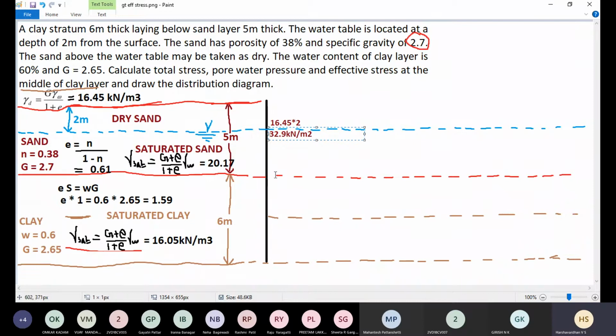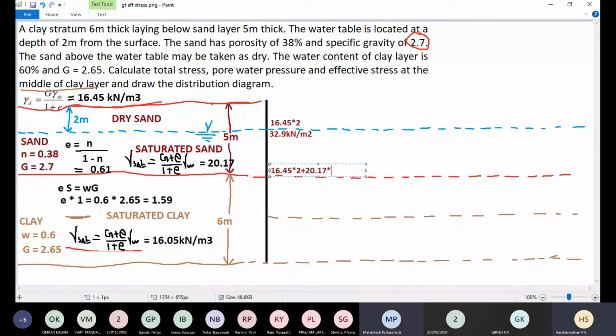Next, we'll calculate at the bottom of the sand layer. Above this depth, dry sand is present and saturated sand is present. Dry sand unit weight is 16.45 multiplied by 2, plus saturated sand unit weight is 20.17, and its depth, what is the depth of saturated sand? 3 meter.